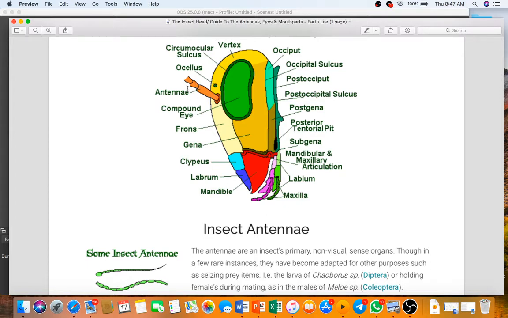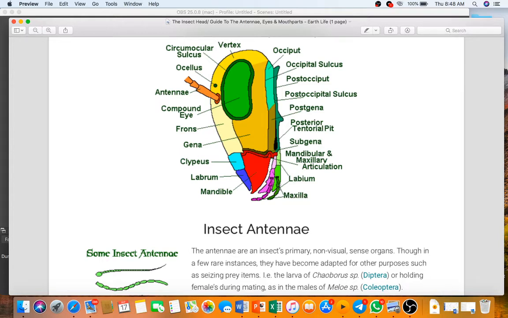Then one antenna is there, and then we can see that beside vertex region is occipital sulcus, which is connected to postoccipital sulcus, and here we can see mandibular and maxillary palp.